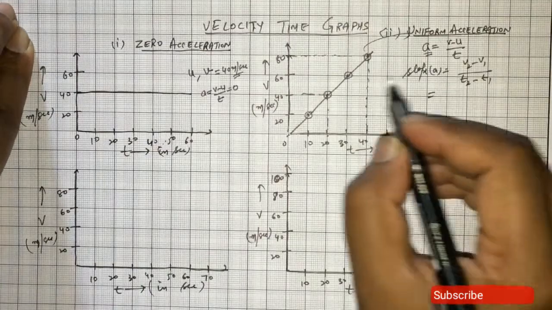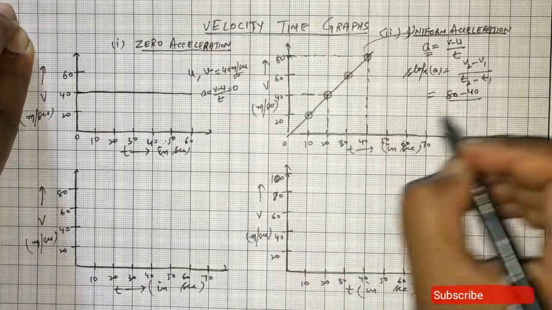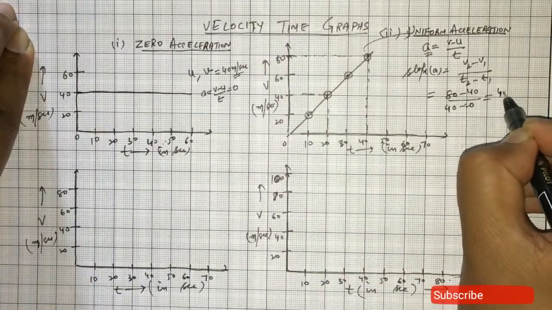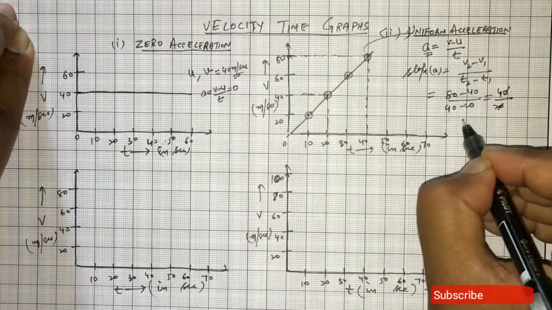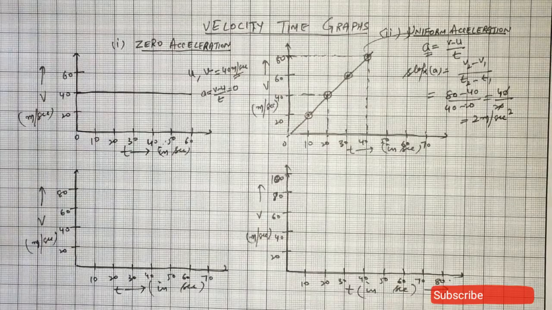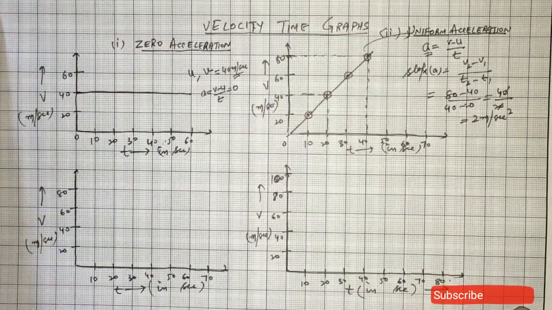So by putting these values, we have 80 minus 40 upon 40 minus 20, which is equal to 40 upon 20, means 2 meter per second square. So the acceleration in this graph is 2 meter per second square.